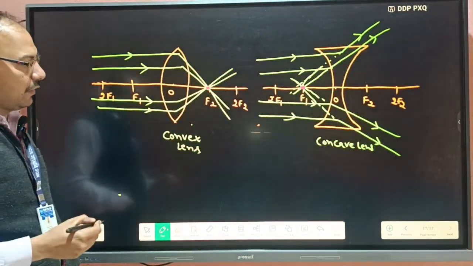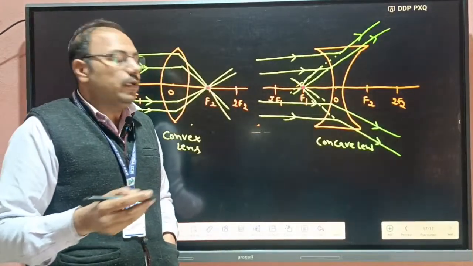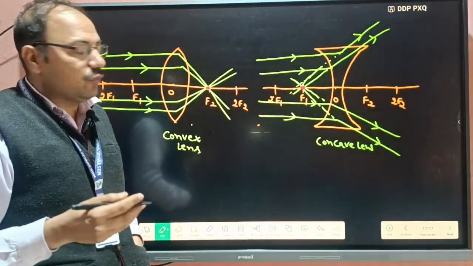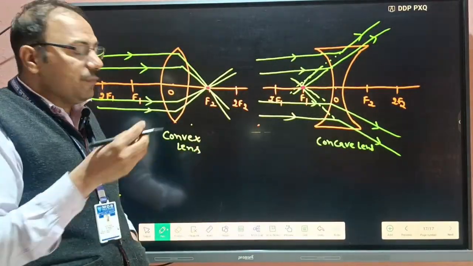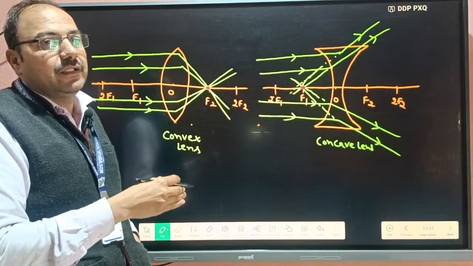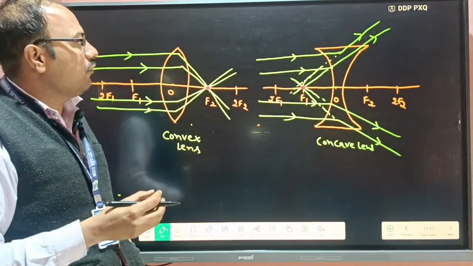So next we learn about the rules of the ray diagram. So how to make a diagram of an object, when the object is placed at a different distance, where the image forms. So there are different rules.